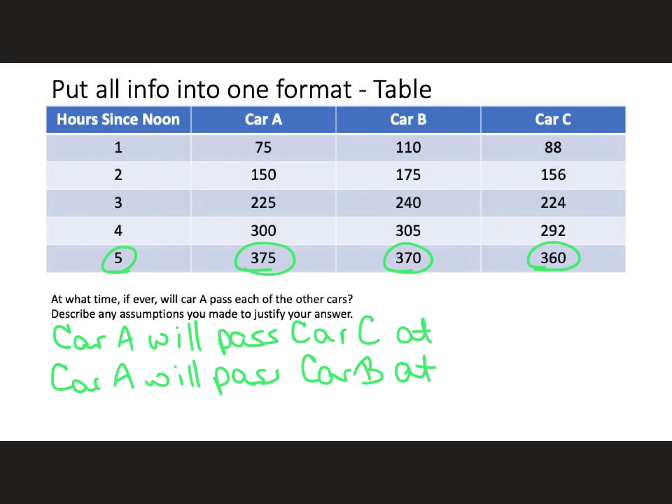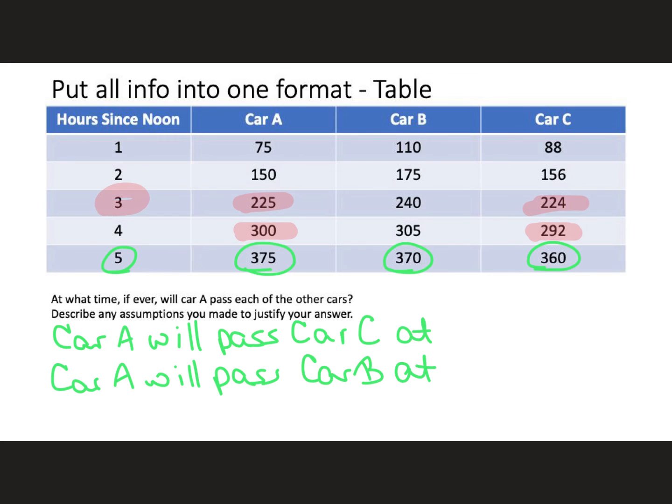So first, let's look at when will car A pass car C. If we look, we can see that at 4 hours, car A has gone 300 miles. Car C has only gone 292. But at hour 3, they got 225. They got 224, so we passed it then.